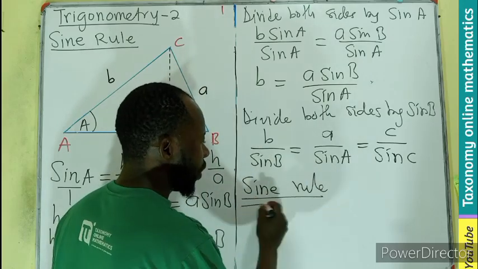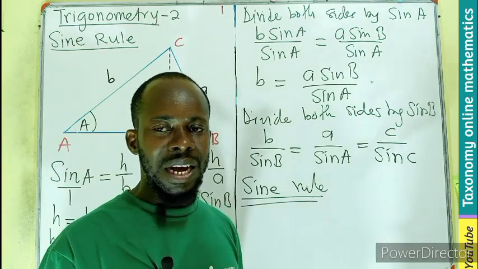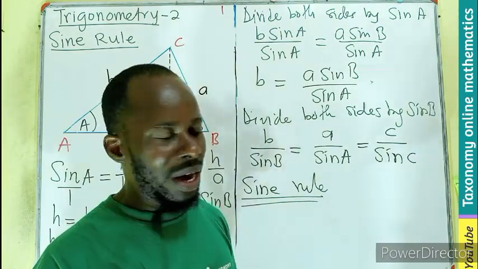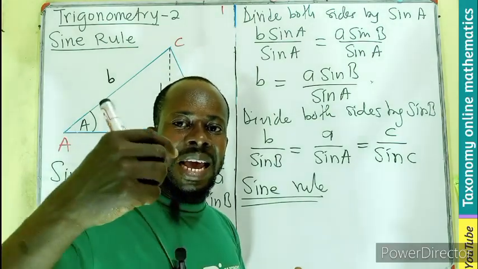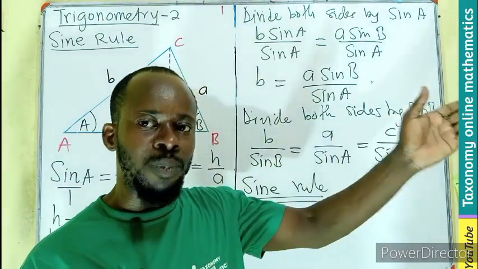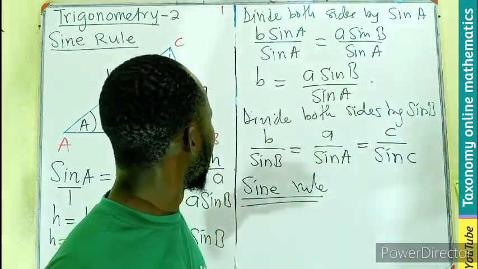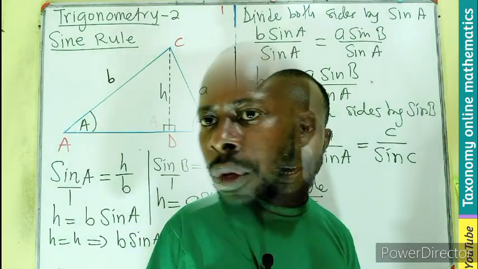The sine rule. If two sides are given and an angle, and you want to find the other one, we use this connection. Make sure the side that you are asked to find has an angle corresponding to it. Let's take a question and check.